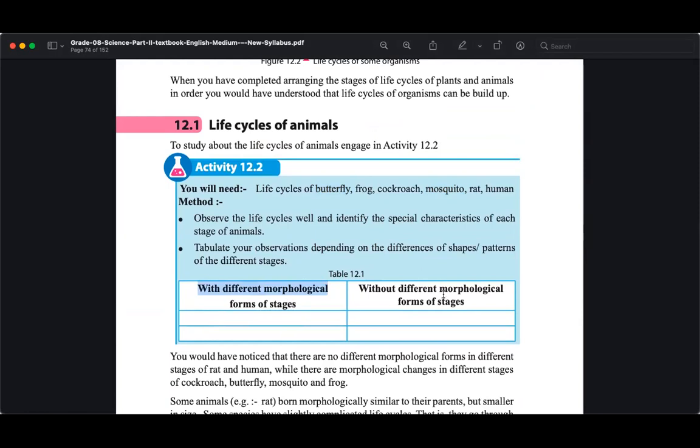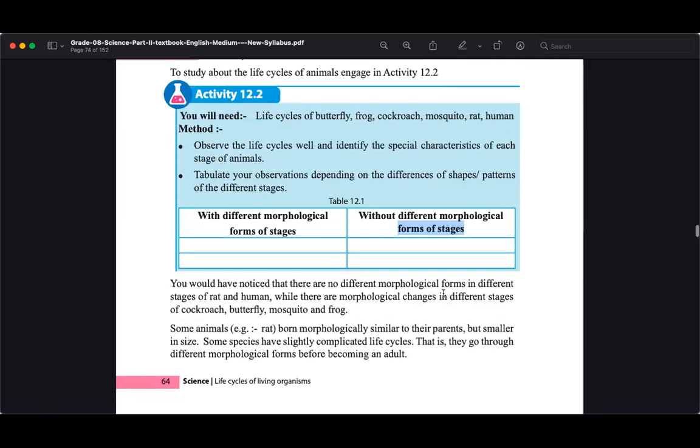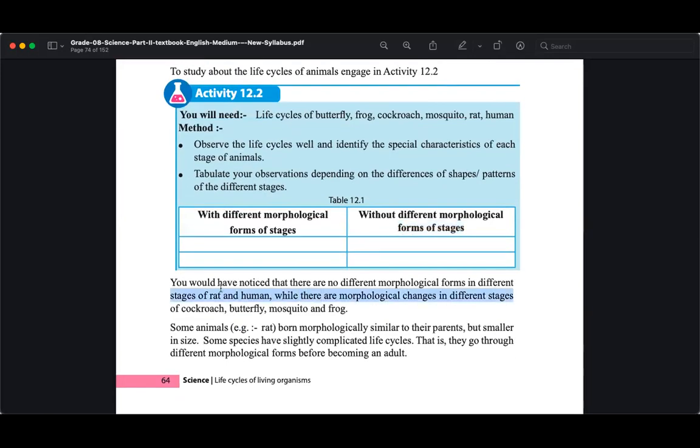But some animals, you can see, like rat and human, are just passing through. They also have morphological differences, but the initial form and initial features are advanced through the life cycle. You would have noticed that there are no different morphological forms in the different stages of rat and human.